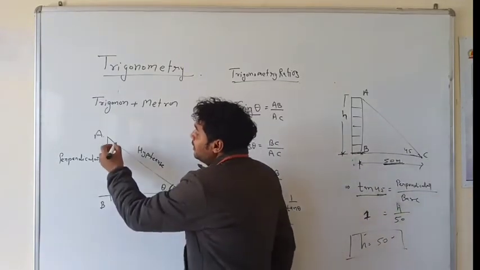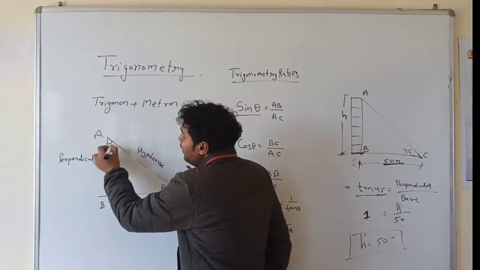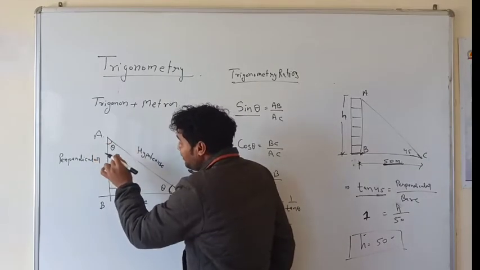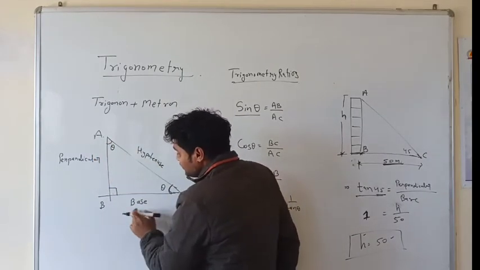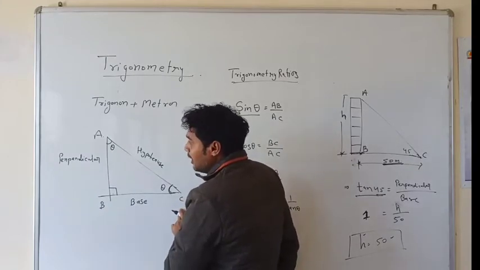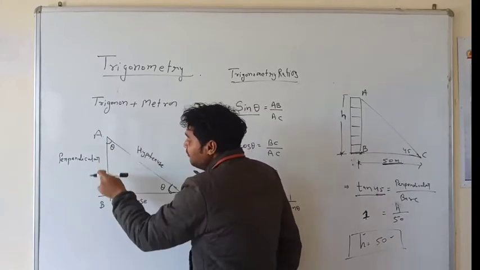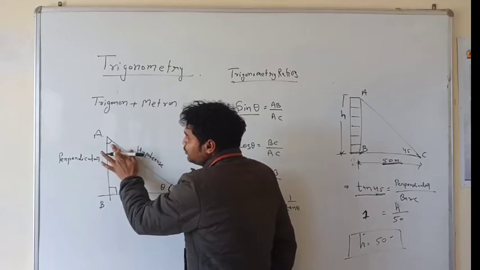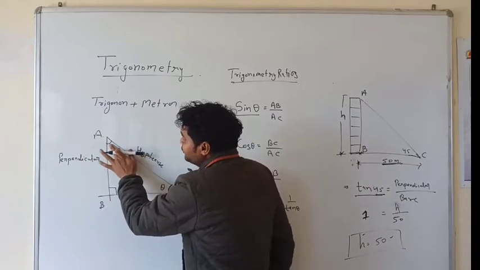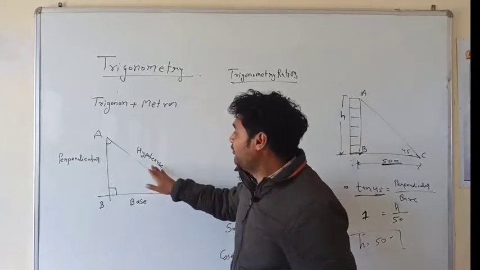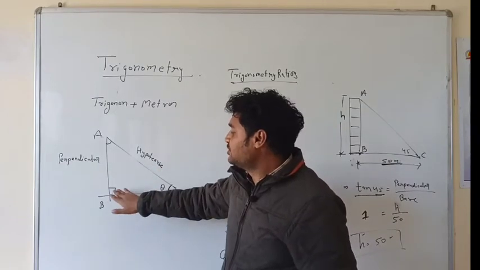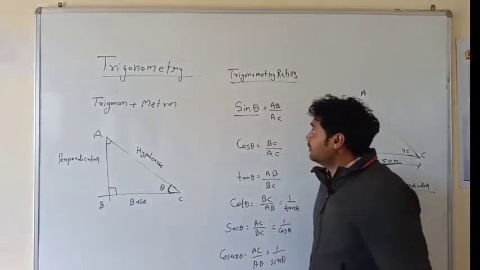If we consider angle A is theta, then the perpendicular will be this side, meaning BC will be the perpendicular, and this side will be the base. Always, the hypotenuse is the side opposite to the 90-degree angle.